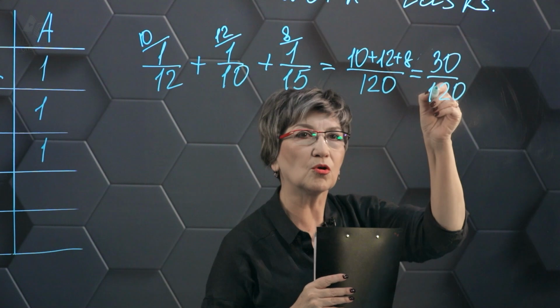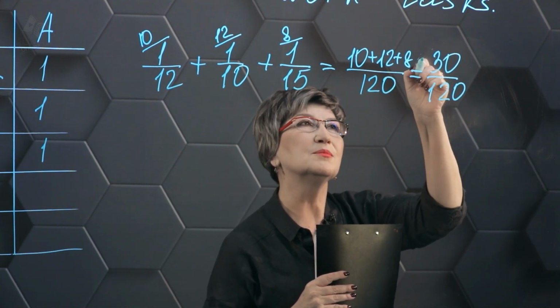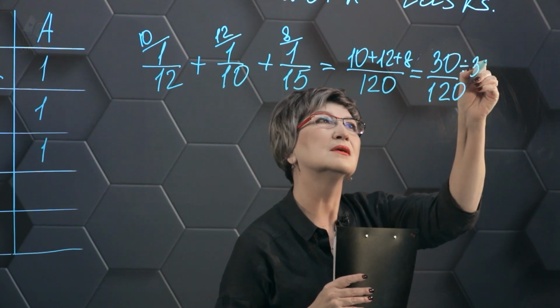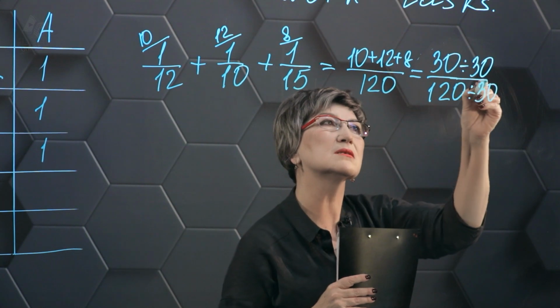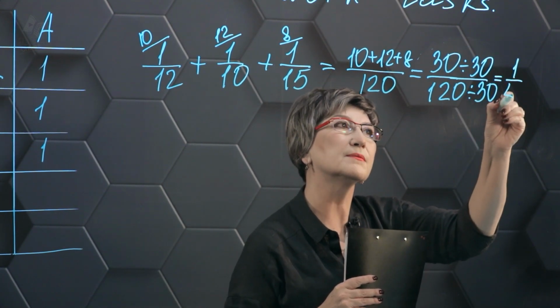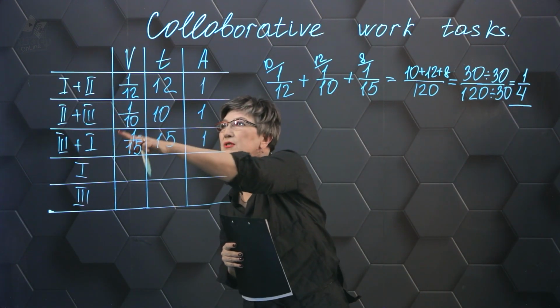Reduce the fraction 30/120ths. Divide the numerator 30 by 30. And divide the denominator 120 by 30. We get the fraction 1/4. And then 1/4 is the productivity of the companies.